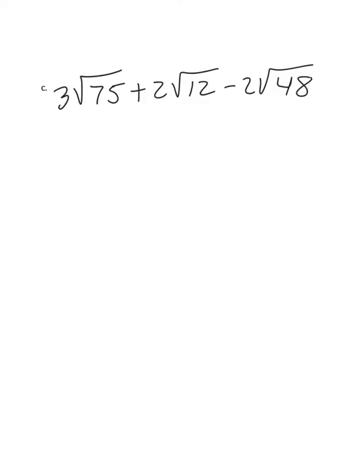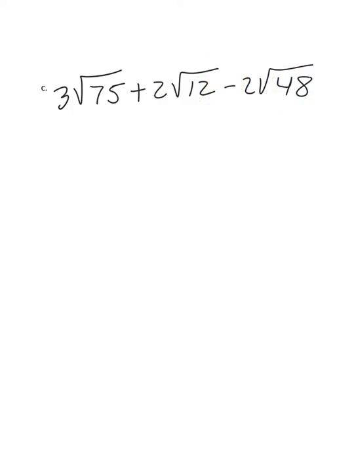So, step 1, I'm going to have to do a factor tree for every single number under the square root. Why? Because I'm not allowed to add or subtract square roots unless I have the same exact number under all the square root symbols, and I don't. We got square root of 75, square root of 12, square root of 48. Definitely no matches yet.